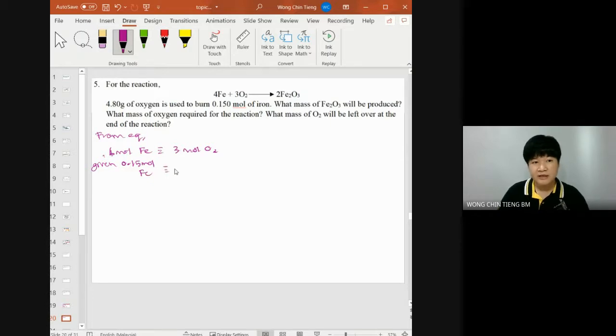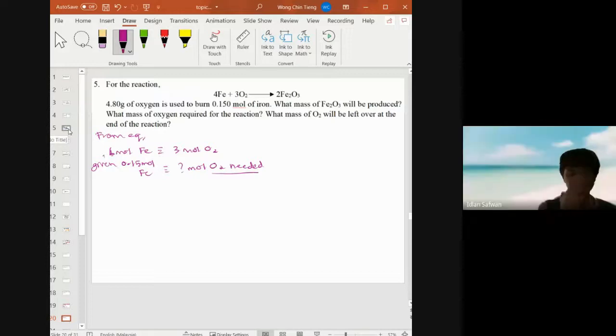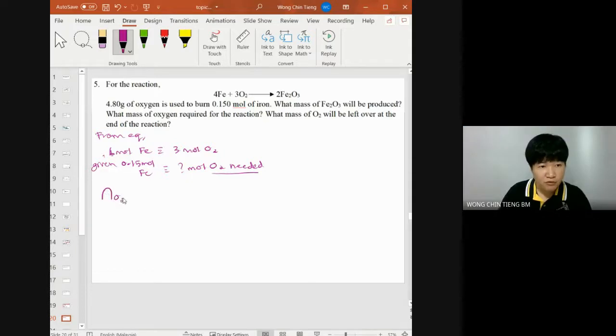So, saya nak cari mole of O2 needed. Yang ni yang kita nak. How much required for the reaction? So, sama. Solve the mathematics. 0.1125. Number of mole O2 needed over here.